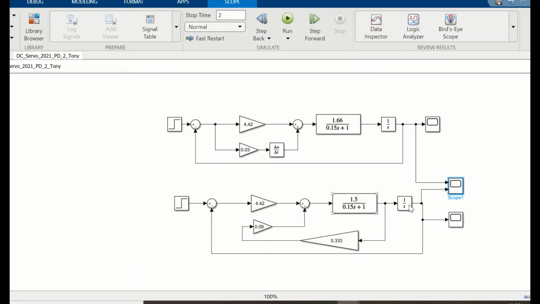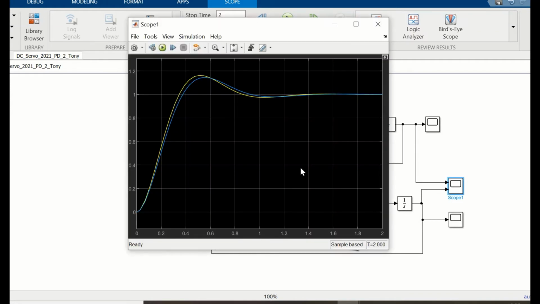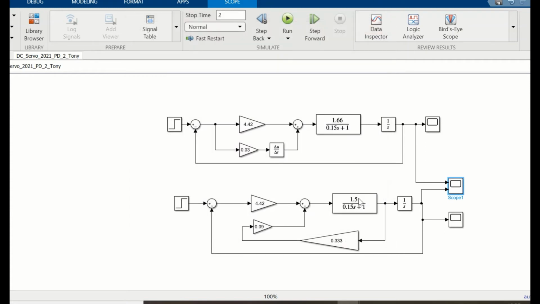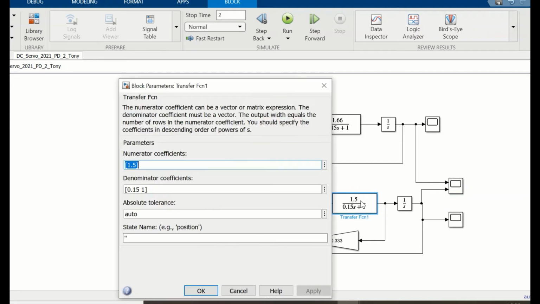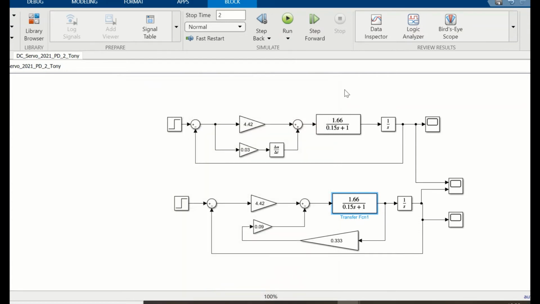So if you make a slight change here, they will be a little bit different, but they weren't that much different, were they, considering we changed this by about 10%. So there's a 10% change in the system, and the performance didn't really degrade that much, did it? So that's another thing you can look at in control systems, how much things degrade if you change the numbers. It's called robustness. But I'll put this back to 0.66, and off we go with the same thing.